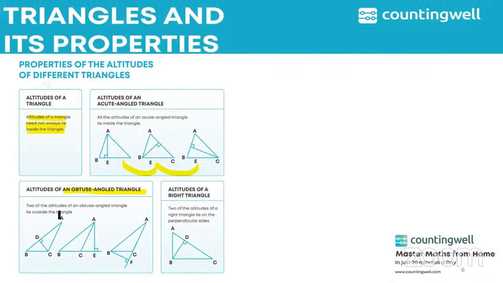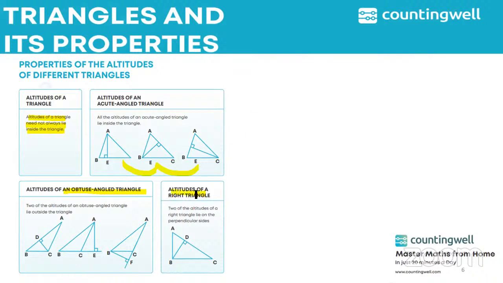Two of the altitudes of an obtuse angle triangle lie outside the triangle. So you can see for triangle ABC, which is obtuse angle, we have the altitudes CD, AE and BF. Note that the altitudes AE and BF lie outside the triangle ABC.